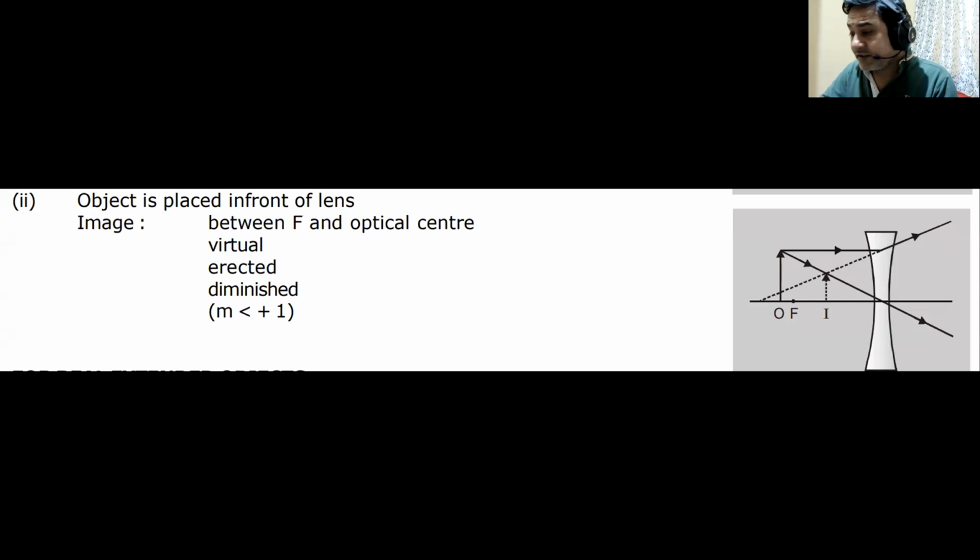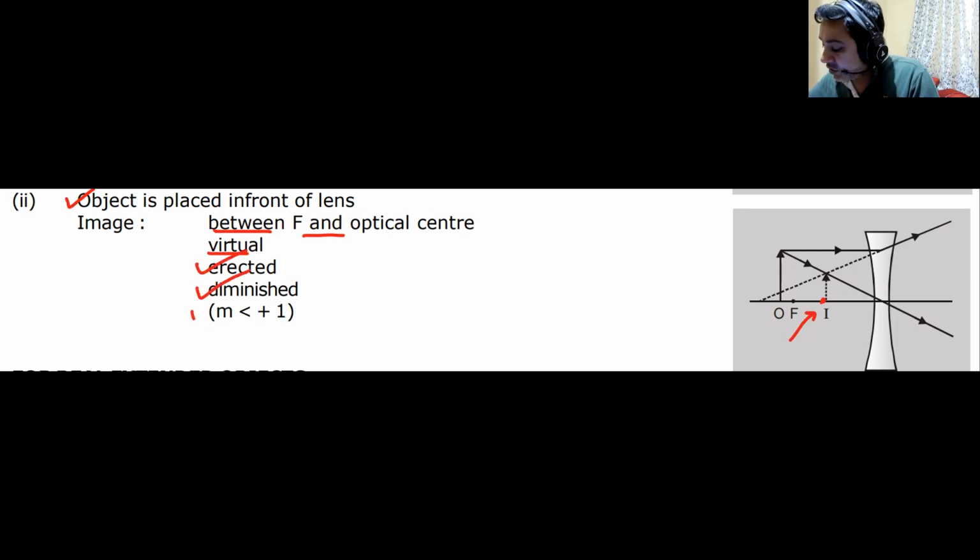Well, then we will move forward to the only other position possible, and the only other position possible is when the object is placed not at infinity but anywhere else in front of the lens. So when the object is placed anywhere else in front of the lens, the image is formed between F and the optical center. You can see the image being formed here. It is erect.